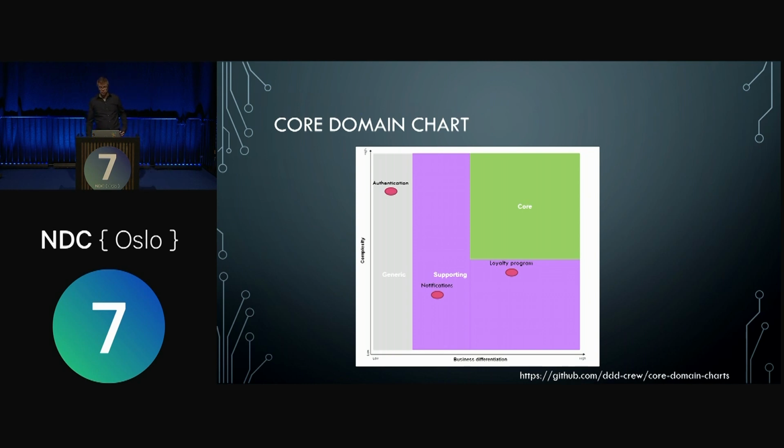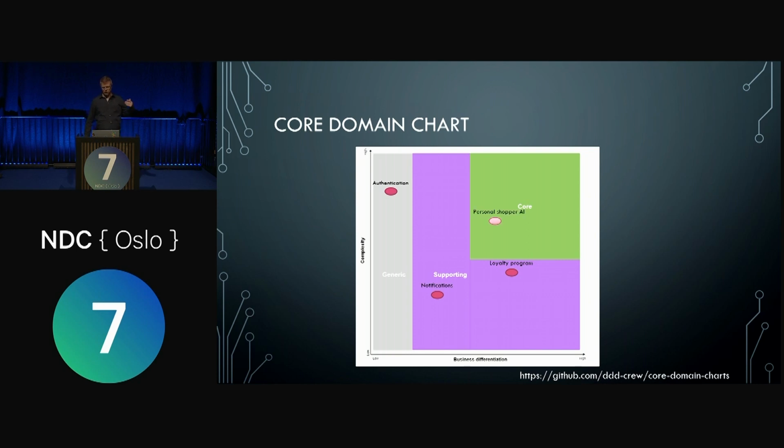Again, not very differentiating, but maybe we're good at it, so we send them at the right time, or in the right channel so people don't get annoyed. Then we can maybe be better than the competitor that just spams away. But maybe not that differentiating, and not as complex as authentication. And we have that loyalty program. It's also something that many companies do, so it's not setting us vastly apart, but maybe a bit more, especially if we do it well.